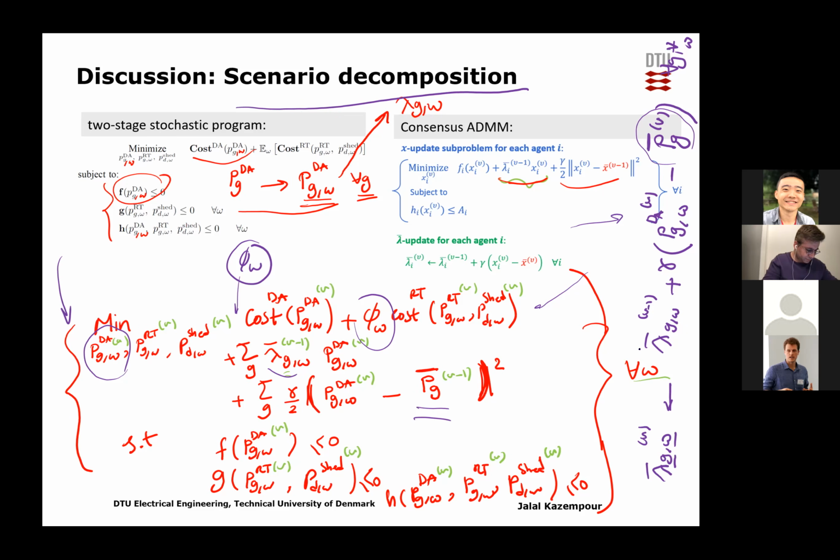So maybe we can also break up the original cost equally, using the probability, 1 over n, right? The probability of 4 scenarios? Because here Liang just suggested to add the probability of each scenario. So your question is: should it be phi omega or 1 over the number of scenarios?